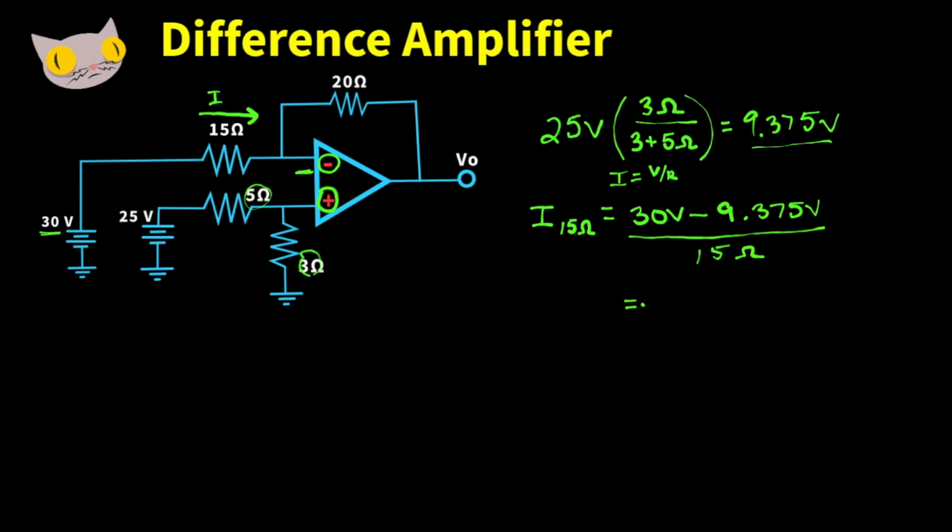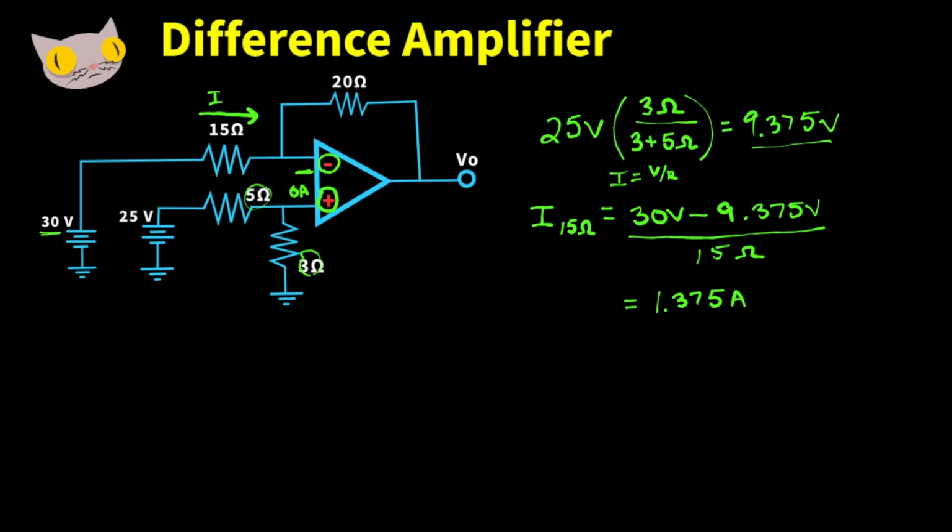And that's going to give us 1.375 amps. In this op-amp, the current at both of the input terminals is 0 amps.